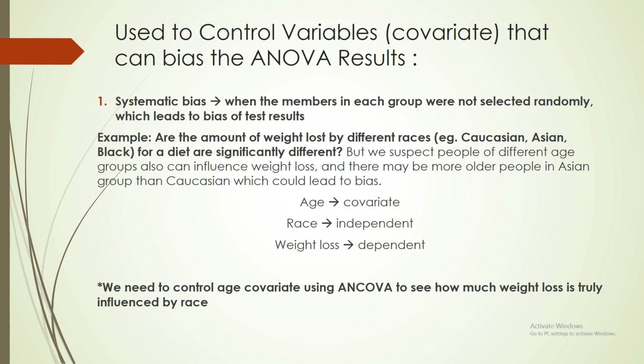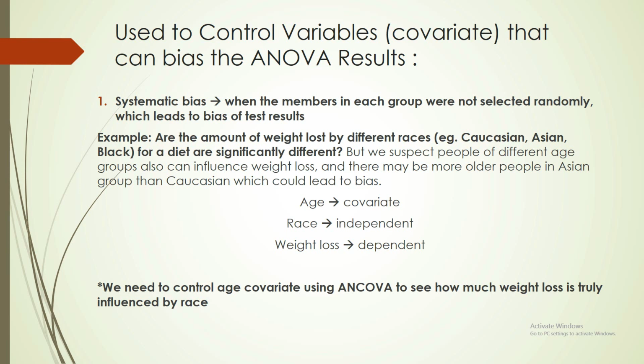So for example, let's say that we are trying to look at the mean weight lost by different races of people when they were under the same diet plan. But at the same time, we suspect that people belonging to these three races also belong to different age groups.